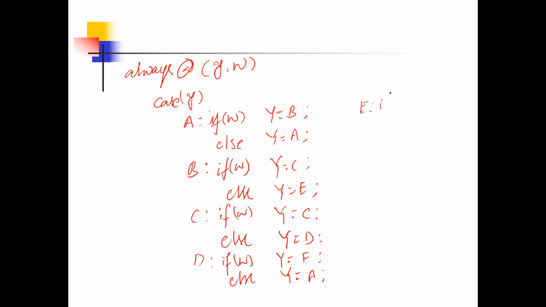If W, so Y is equal to F, else Y is equal to A. The last one, F: if W, so Y is equal to C, else Y is equal to E.